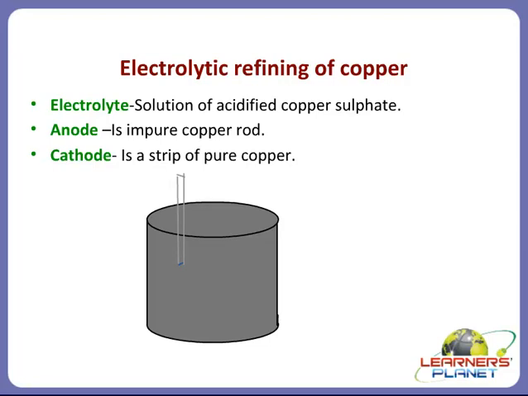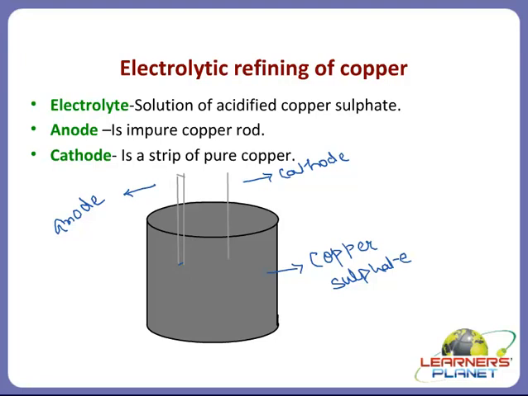And a thin strip of copper is made as cathode. So this is cathode. That is thin strip of copper. This is anode. That is impure copper rod. And what is the electrolyte here? It is copper sulfate.